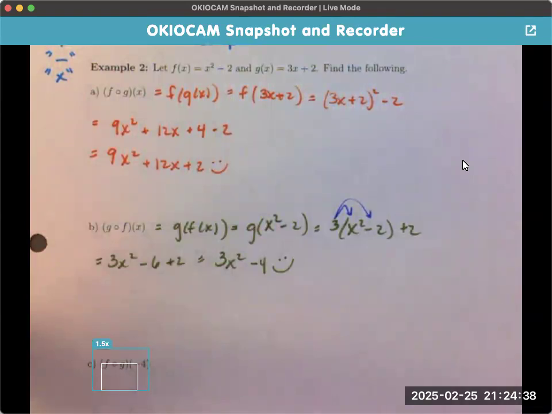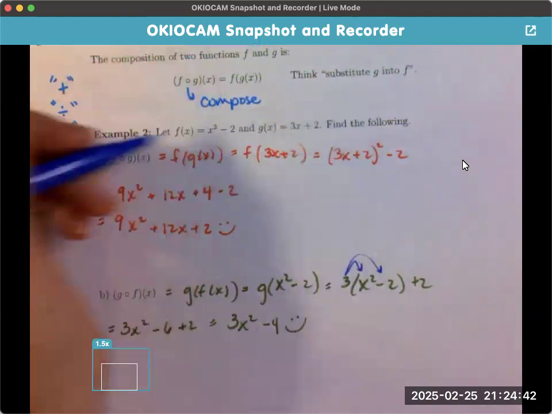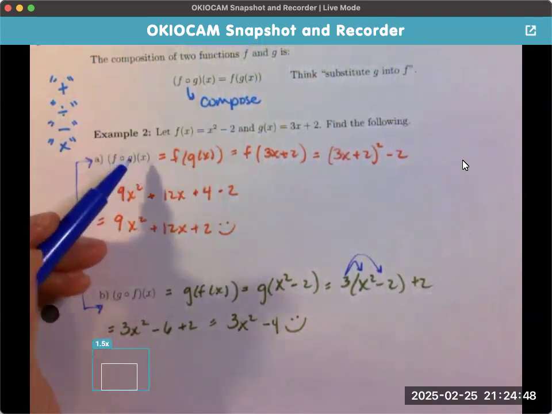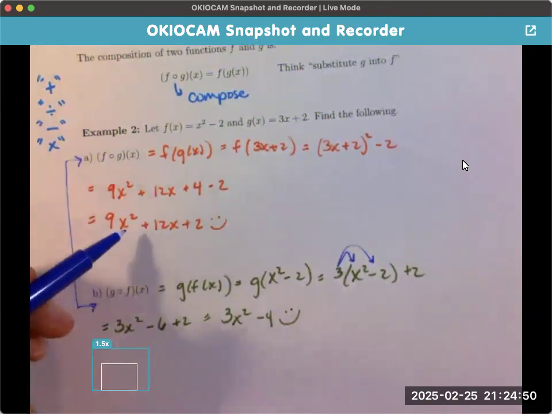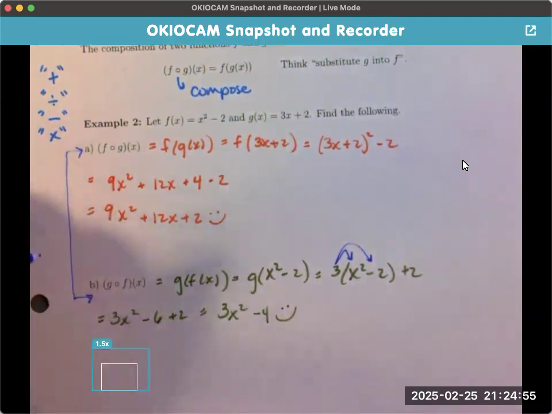One thing I want you to take away is that it was the same F, same G. But when I switch the pattern, F of G and G of F, they are not the same equation at all. Just because you've done one does not mean you've done both.